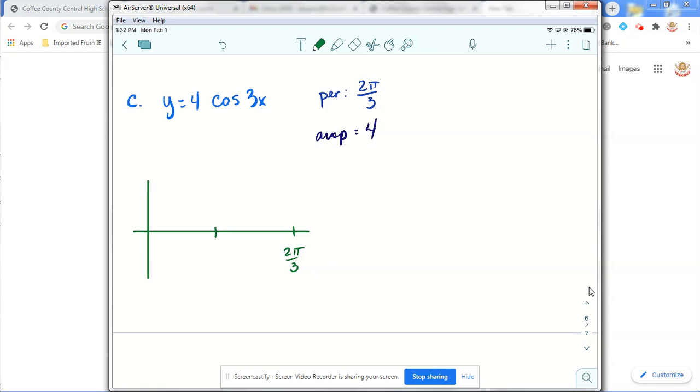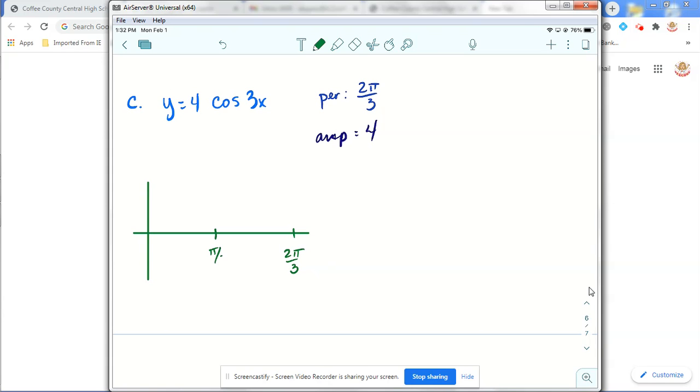We want to find halfway between those. So halfway between 0 and 2 pi over 3 is pi over 3. If you can't do that in your head, just add them together and divide by 2. Then halfway between 0 and pi over 3: pi over 3 divided by 2 is the same as multiplied by 1/2, so it's going to be pi over 6.